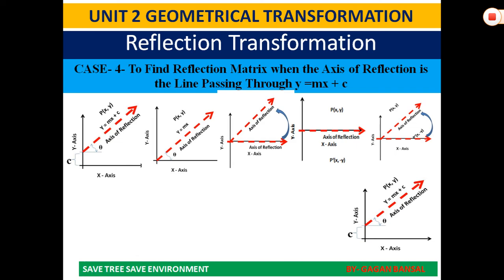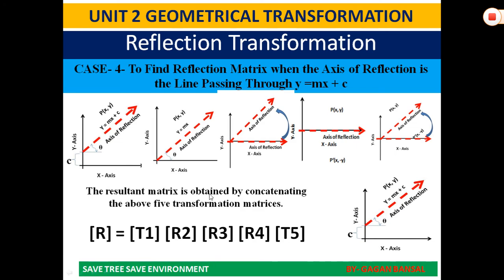So finally, the resultant matrix is obtained by concatenating the above 5 transformation matrices. First the translation in the negative y direction T1, then rotation in the clockwise direction, then R3, the reflection along the x-axis, then rotation in the anti-clockwise direction R4, and finally the translation matrix in the positive y direction.